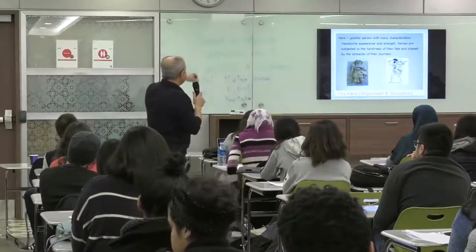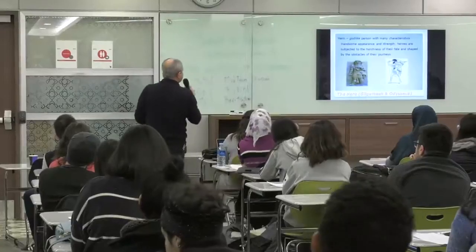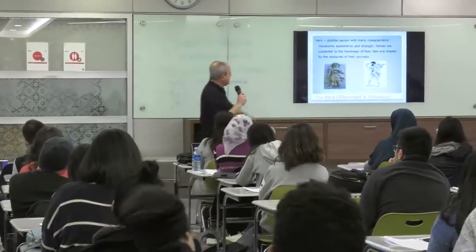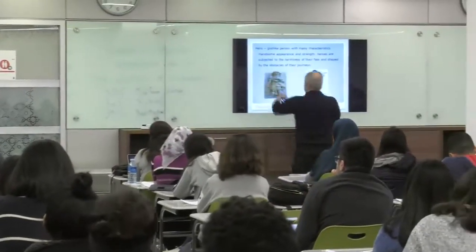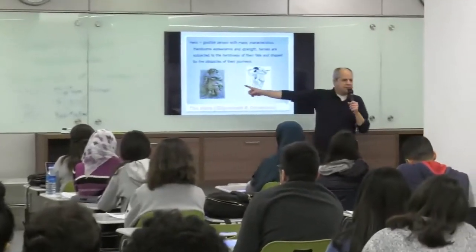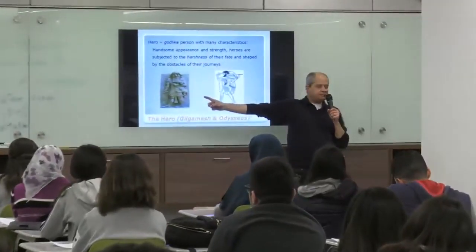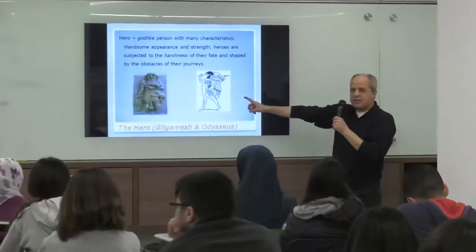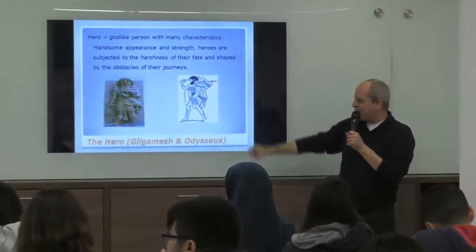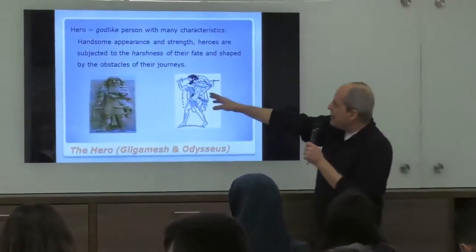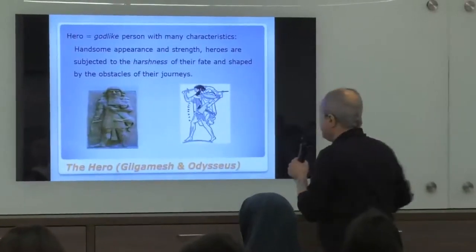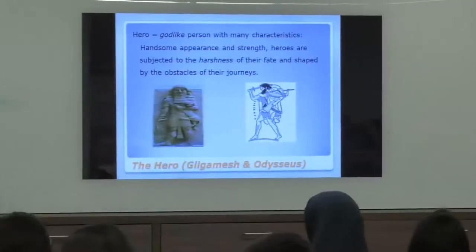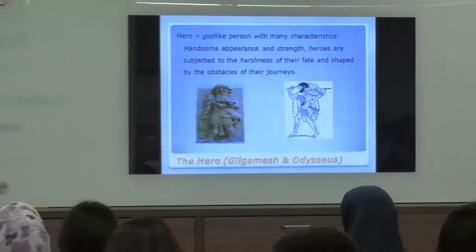So from the Greek culture, we are going to read the Odyssey. This is Gilgamesh as we have him in scripts, in old inscriptions. This is Odysseus, the hero of this new epic, okay? With, again, a hero, a godlike person, and so on. We did all this. Any questions, guys? Comments?